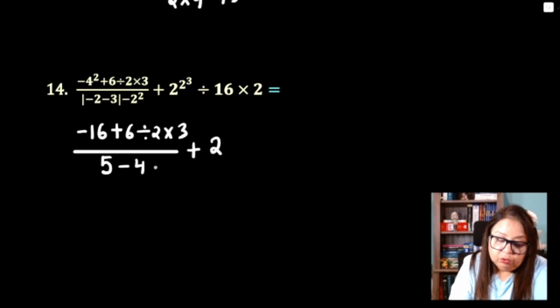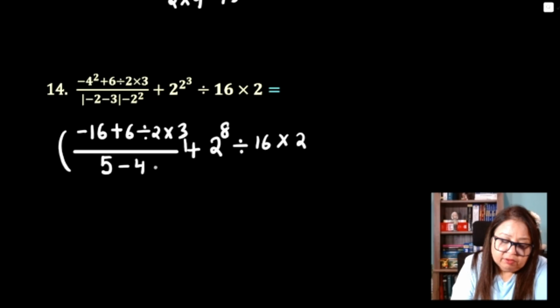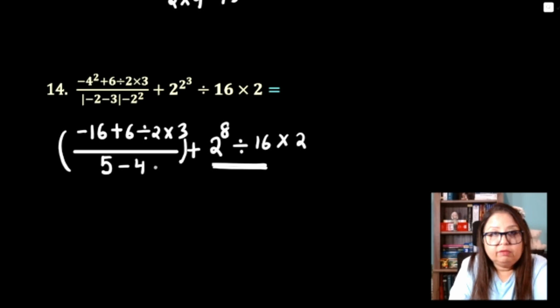That gives us 2 to the power 3, which is 8. That is 2 to the power 8, divided by 16 times 2. Okay. We could evaluate this here, and then in the same step, we could also figure out this division. It's up to you.